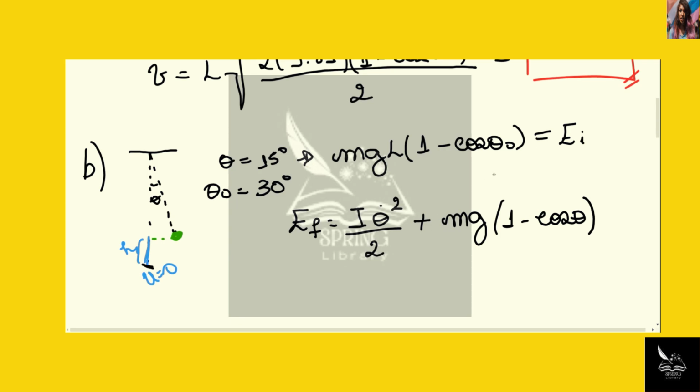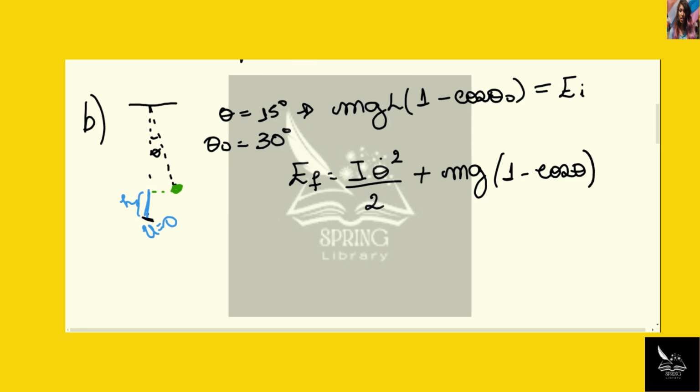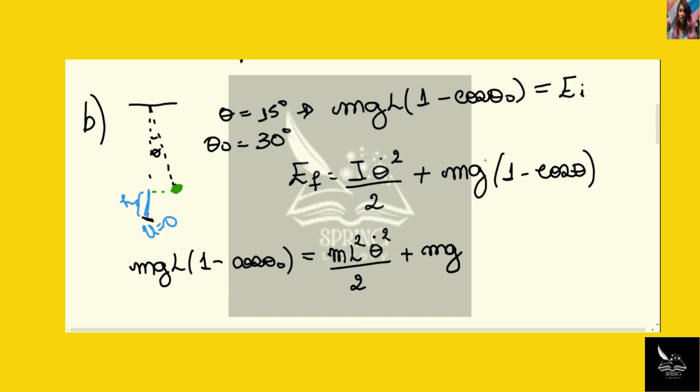Now we can equate these two expressions. Okay, we have that mgl times 1 minus cosine of theta 0 has to be equal to ml squared theta dot squared divided by 2 plus mgl times 1 minus cosine of theta.